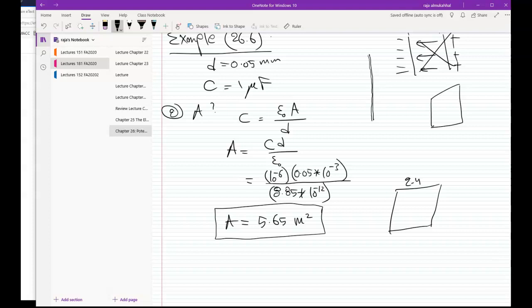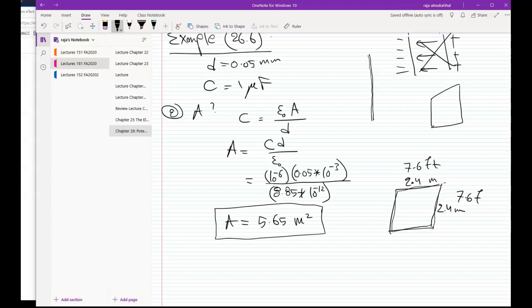So this is 2.4 meters by 2.4 meters. You know what that means? Times 3.2, that's almost 7.6 feet by 7.6 feet. That's taller than any of us. That's how big this plate is.